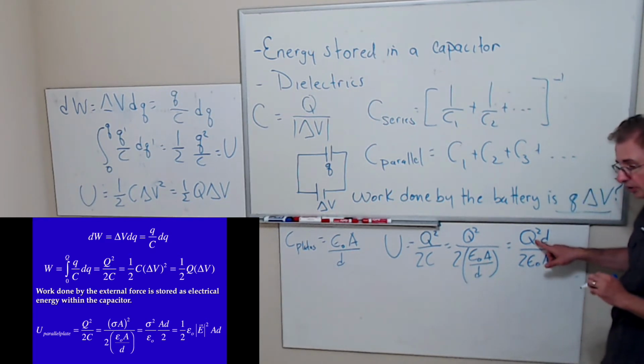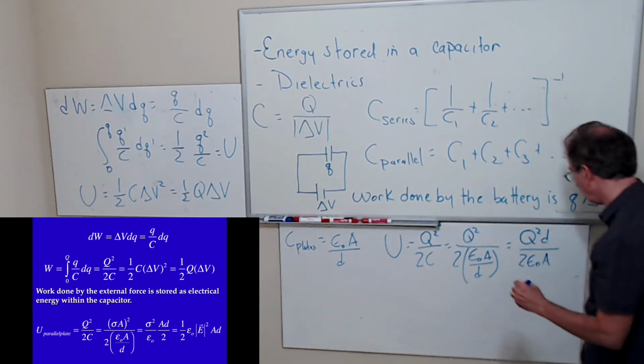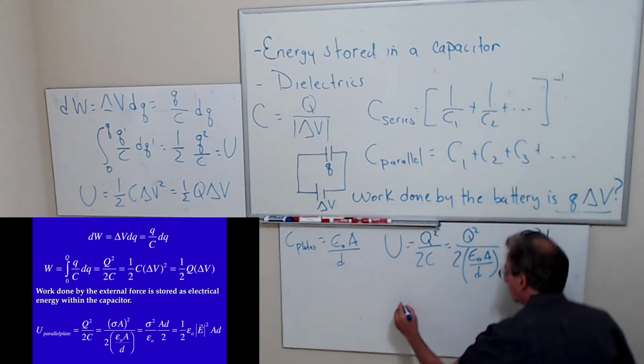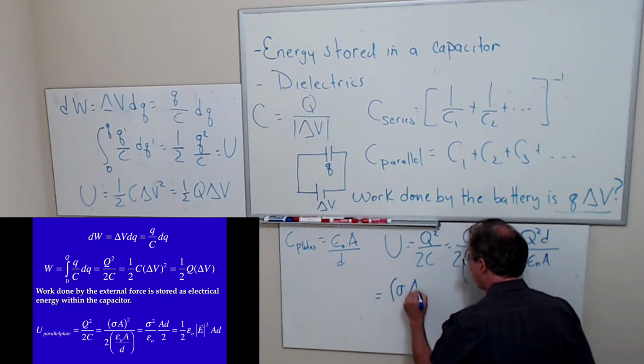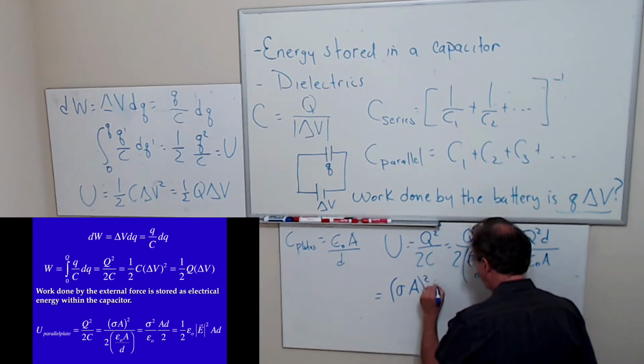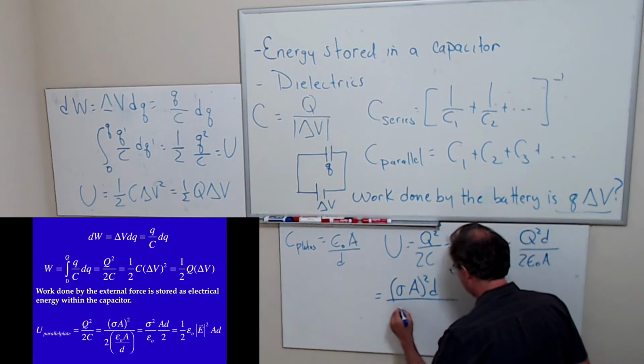But Q is basically the charge per unit area times the area. So in this particular case, A means area. I know a lot of people had this question on the exam.